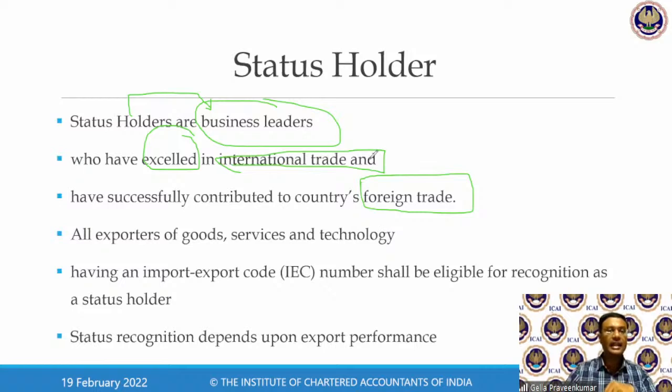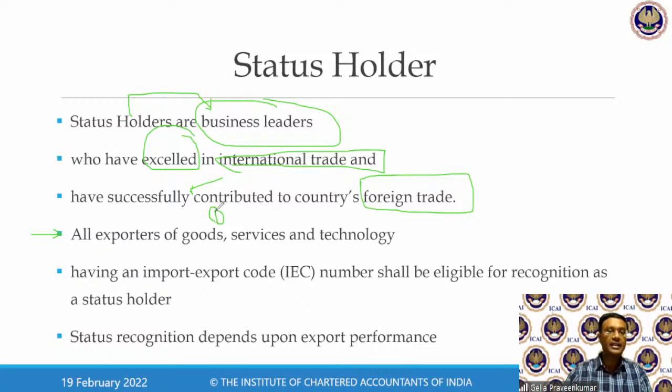So here, they have recognized, they want to incentivize those businessmen who have contributed towards foreign trade. So all exporters of goods, services, and technology.